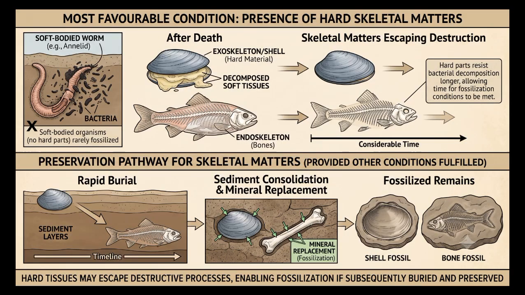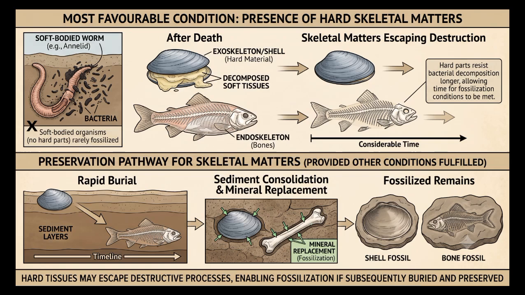We can see this schematic diagram or sketch. On the left side you can see a worm. As we know, for soft-bodied worms like annelids, we cannot get any fossil because they don't have any hard parts. But after death we can get fossils of bivalves, and even fish.